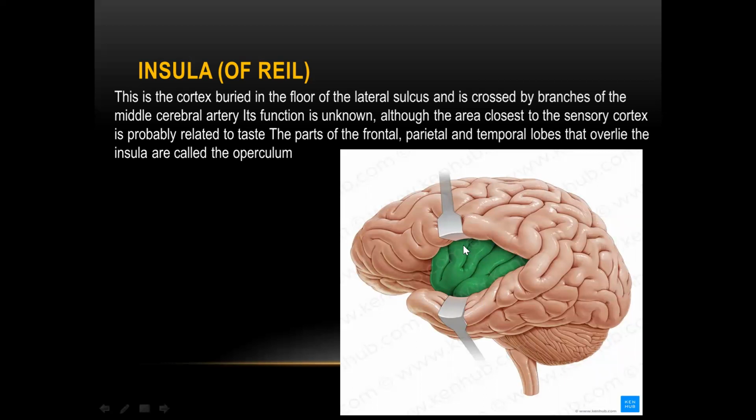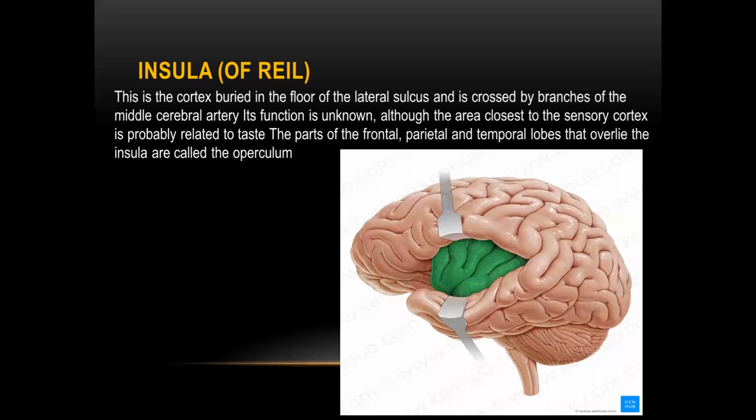When we do a dissection, a separation between the parietal and temporal lobes, this area is known as the insula, where branches of the middle cerebral artery run. Some say it has an unknown function, and others say it participates in the sensory cortex responsible for taste.